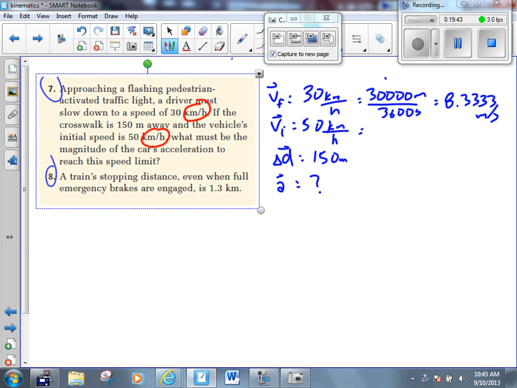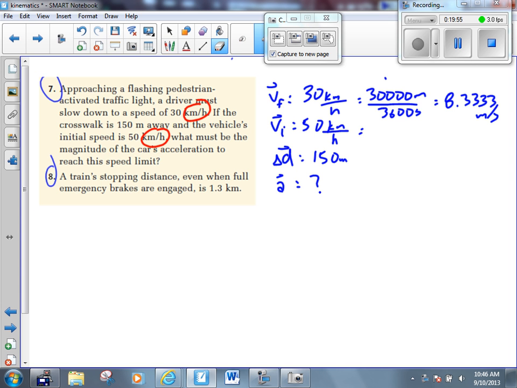And this is going to be 13.88889. We do that the same way, right? We multiply by 1,000, divide by 3,600.